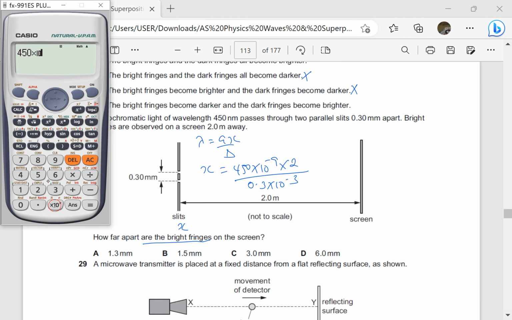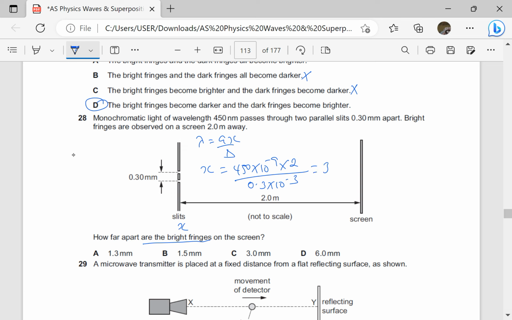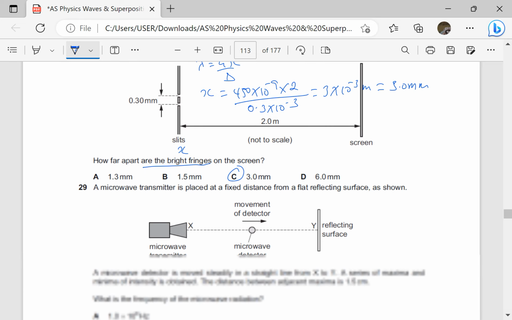So 450 times 10 power negative 9 times 2 divided by 0.3 times 10 power negative 3. That is 3 times 10 power negative 3, which times 1,000 becomes 3.0 millimeters. So the answer here is going to be C.